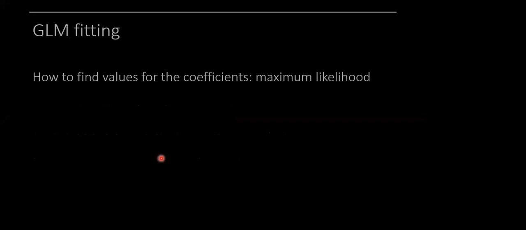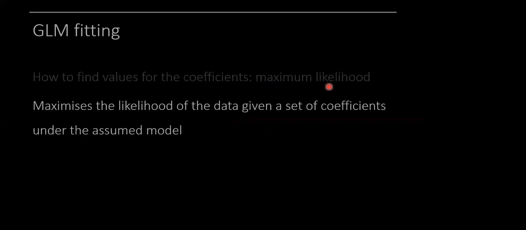Okay. Very briefly, how do we go about fitting GLMs, which means how do we go about choosing the coefficients for the linear predictor? Those are the things that we're going to come back to and think about how we interpret them. Very briefly, we use maximum likelihood, which qualitatively, in words, means we maximize the likelihood of the data. We've got our data that we've collected, that's fixed.